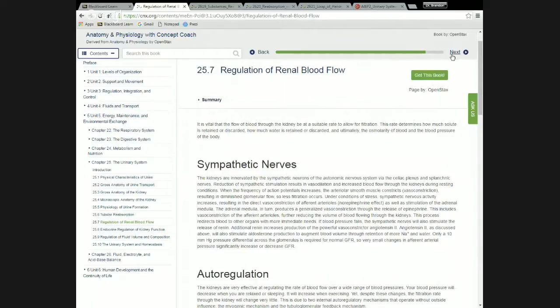So the next couple of sections here in the book are addressing how we regulate the urinary system. To remind you, last time when I was wrapping things up, I pointed out that blood pressure of about 55 millimeters of mercury in the glomerular capillaries is offset by osmotic pressure and capsular pressure to get a net filtration pressure of 10 millimeters of mercury.